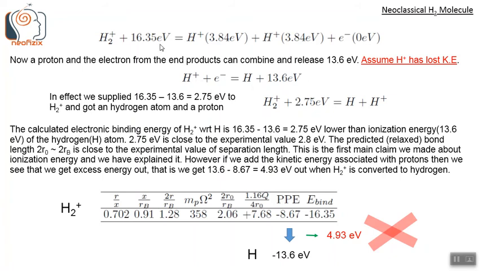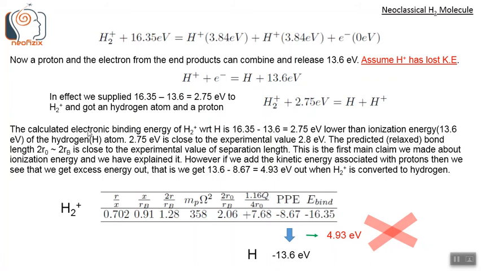So we supplied 2.75 electron volts to the hydrogen molecular ion, and we got a hydrogen atom and a proton as the output. That is, the overall reaction can be shown as this: H2 plus 2.75 electron volt is equal to H, the hydrogen atom, plus H plus, the proton or hydrogen nucleus.